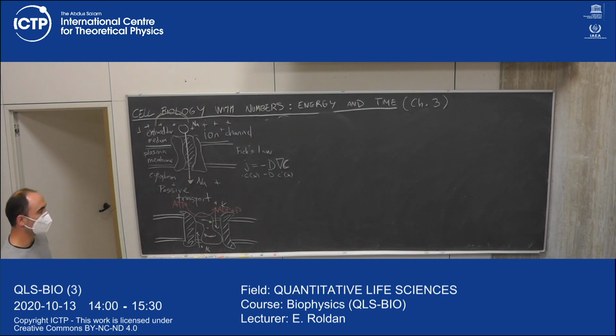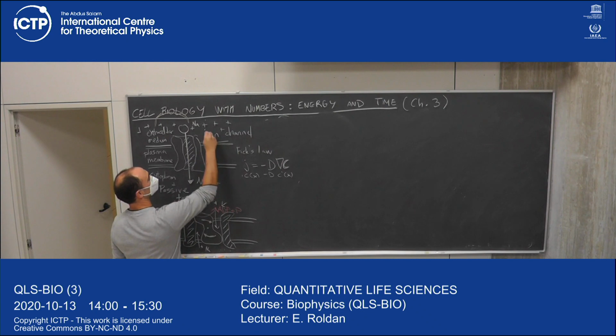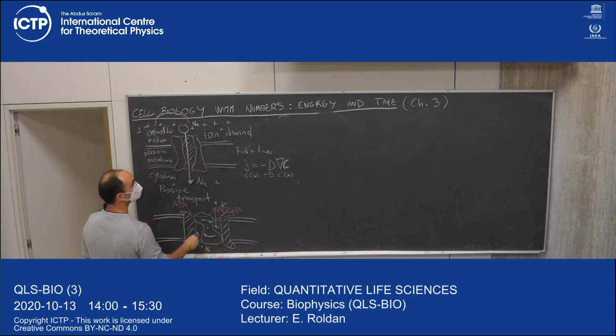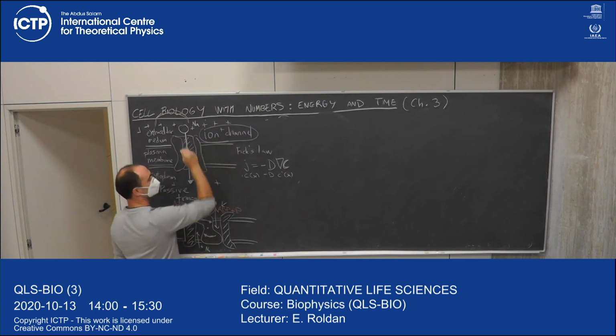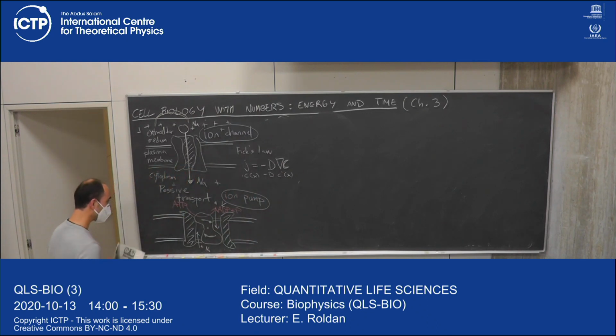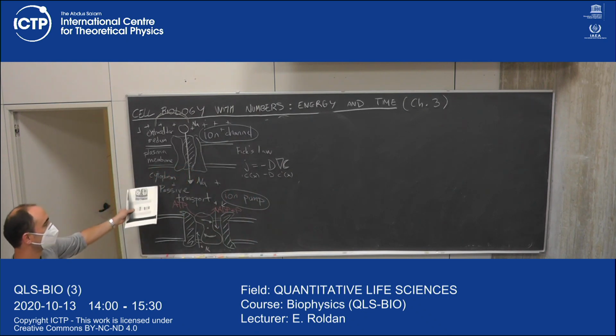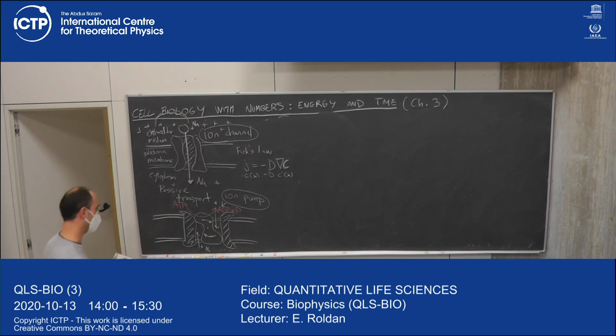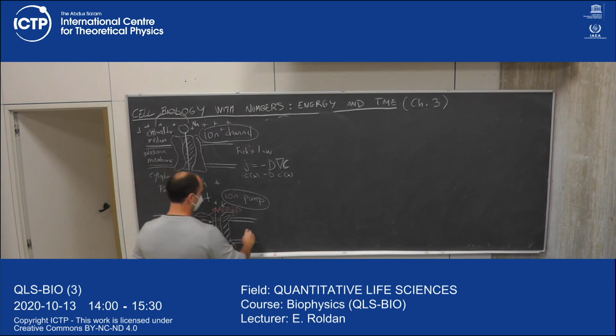So this type of motion, the one here, is called an ion channel. And this is called an ion pump. This is just a sketch. The ion channel generates passive transport, and this one we say generates active transport.